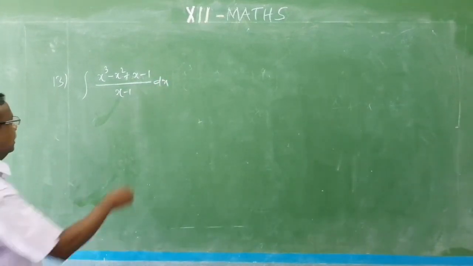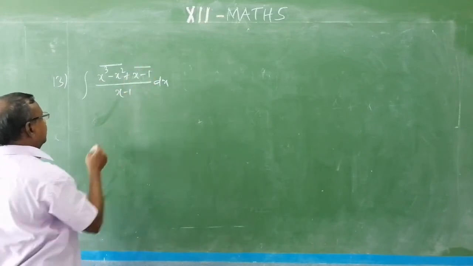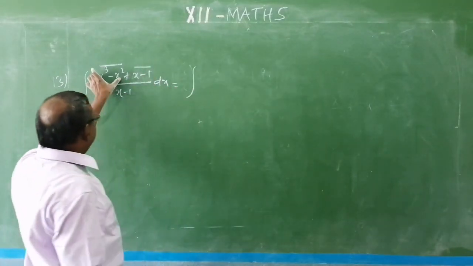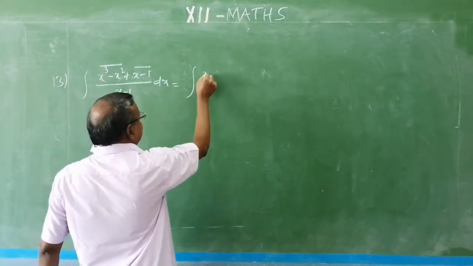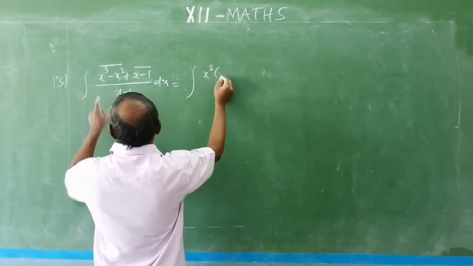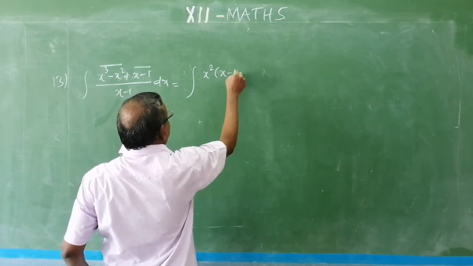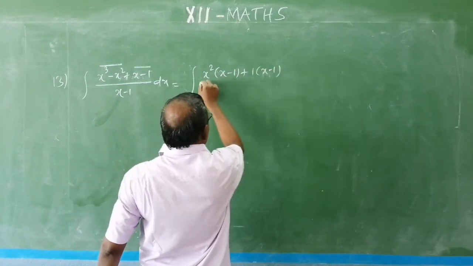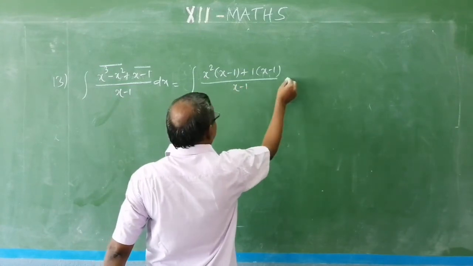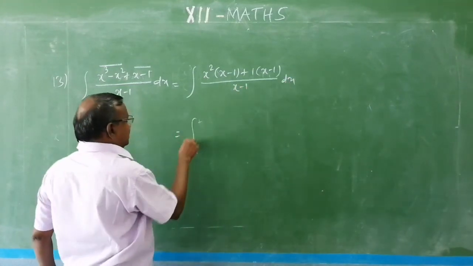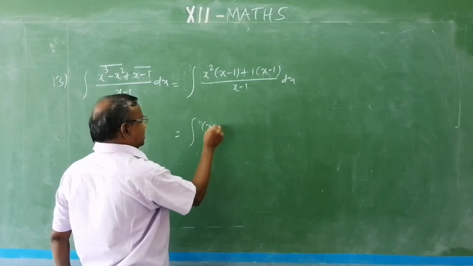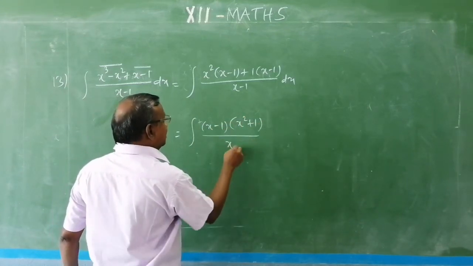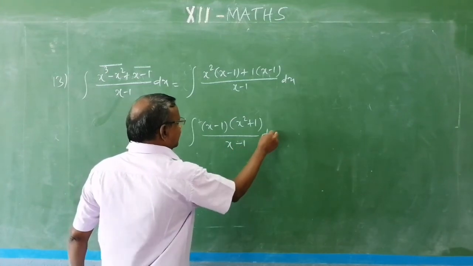Now consider the numerator. We can separate this into two terms, taking x square as common: x square into x minus 1 plus 1 into x minus 1, divided by x minus 1, into dx. We can take x minus 1 as common: x minus 1 into x square plus 1, divided by x minus 1, into dx.